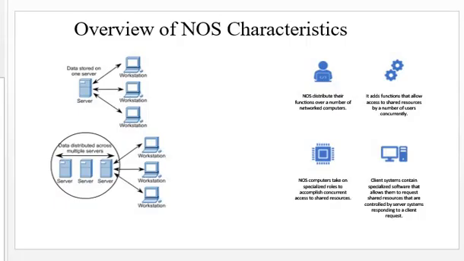Right, so let's summarize what we have talked about today in terms of network operating systems. I think we can summarize it by looking at these two images. Most of the issues that we have talked about are represented in these two images. One, allowing interconnection of various computing devices, allowing access to shared resources.